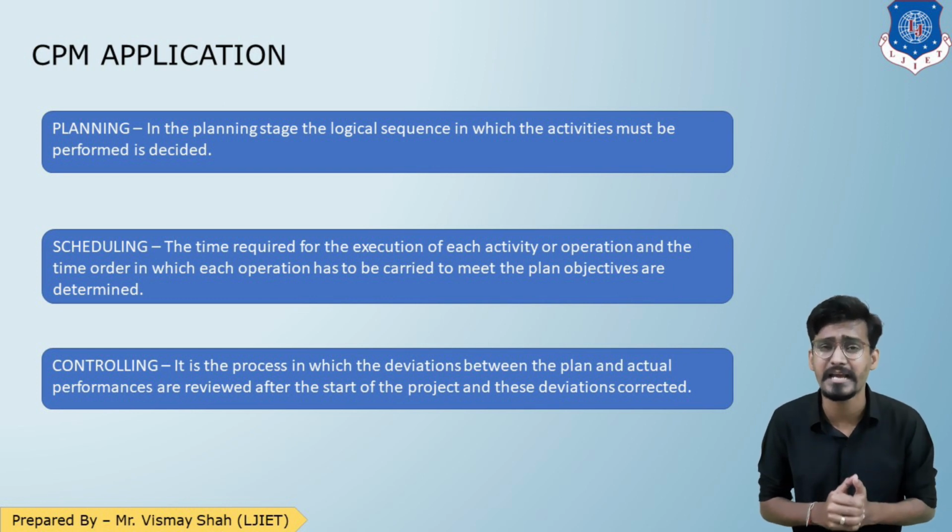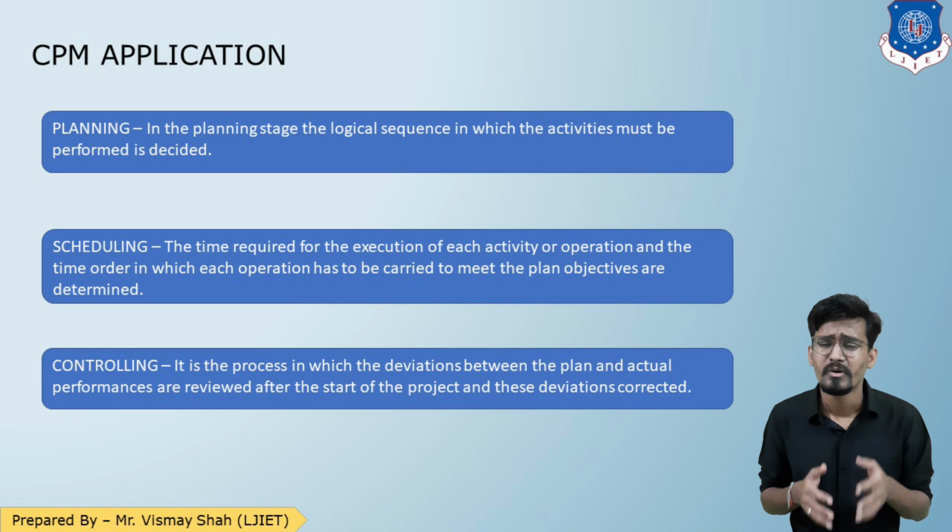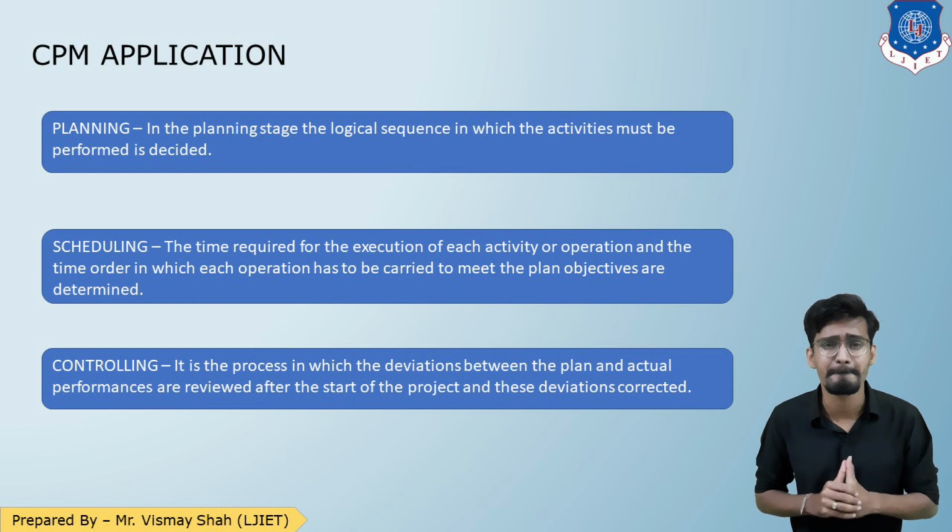Also, while planning, you must ensure that whatever activity you are representing in the network is within the scope of work, and that you can allocate time and resources to complete that activity. So that is CPM application in planning.